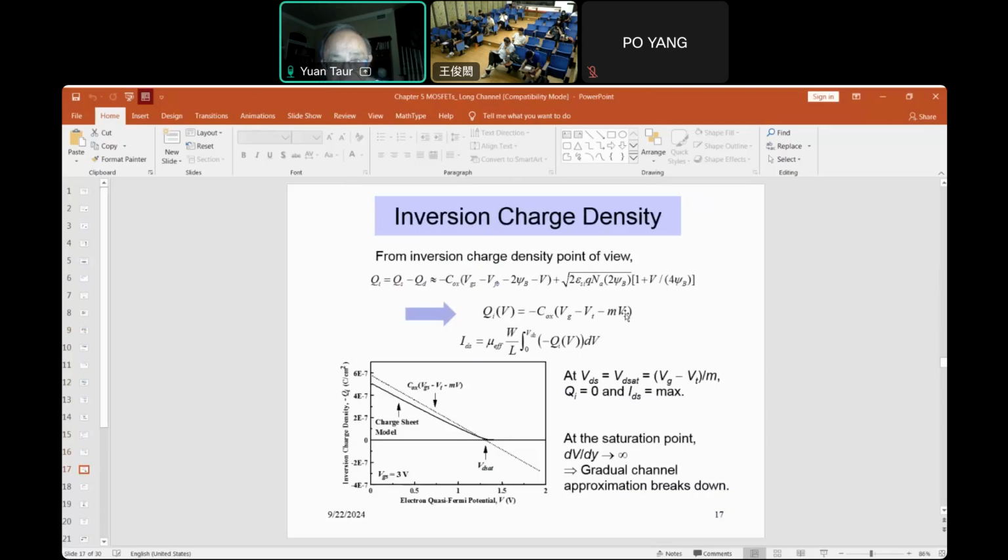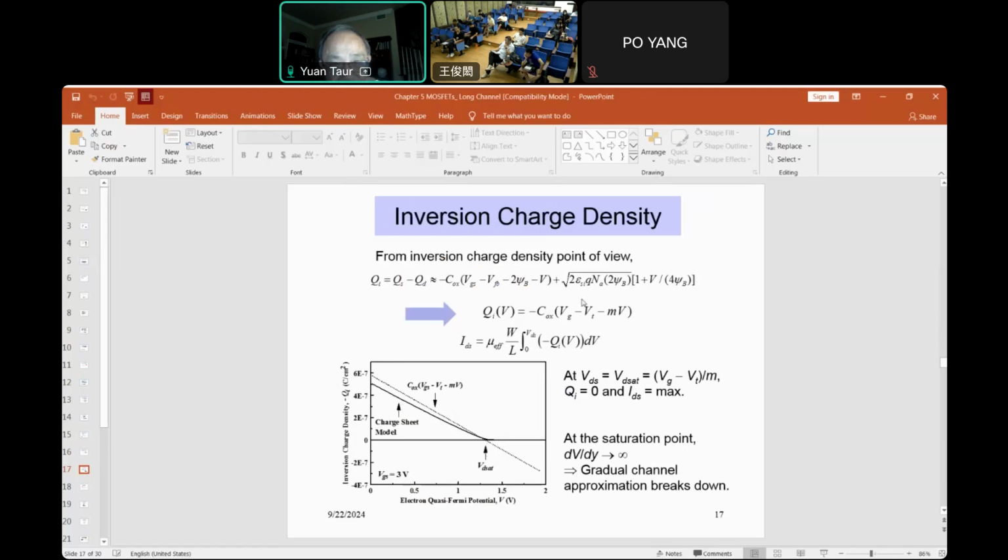At the source, V equal to 0, you have a maximum inversion charge. At drain, V equal to VDS, you have a lower inversion charge. So if you plot this Qi, Cox times Vg minus Vt minus MV, it is this dotted line here. But current is the integration of this function with respect to V, so you integrate the area under this straight line, this triangular area, and that's the current.